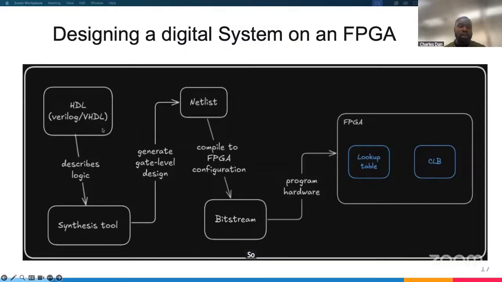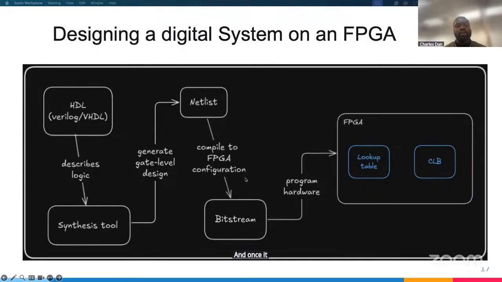So you can describe your logic based on what you want to achieve. Let's say if you want to build a simple block IP, you write your code in either one of these two languages, then you describe the logic, you synthesize it, and once it has been synthesized, it generates a gate level design called a netlist, and those netlists can actually be compiled onto the FPGA.